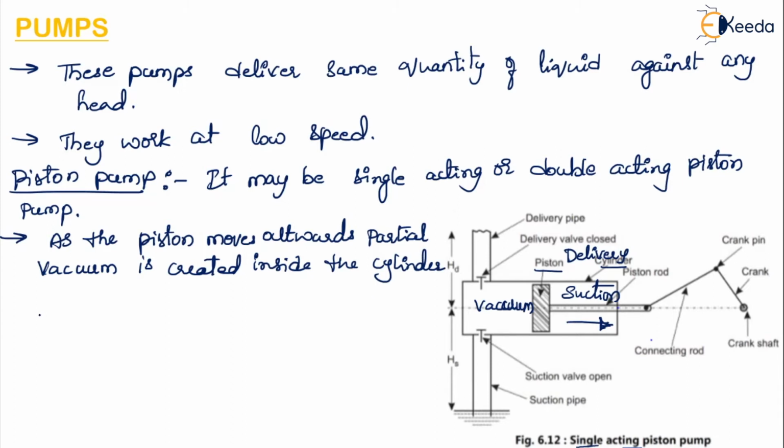The atmospheric pressure which is acting on the surface of the liquid pushes the liquid through the suction pipe into the cylinder. Because of the vacuum produced inside the cylinder, there will be pressure acting on the surface of the liquid.